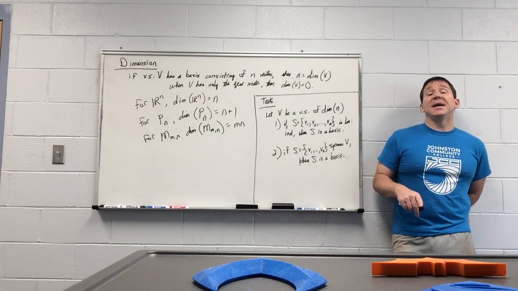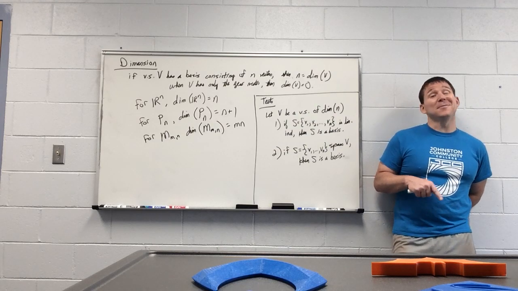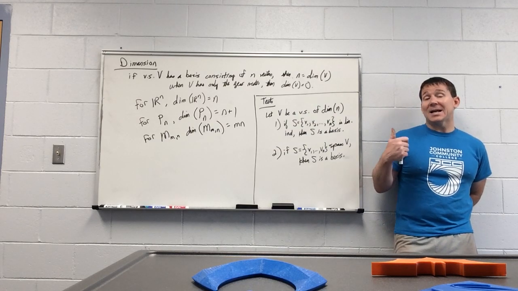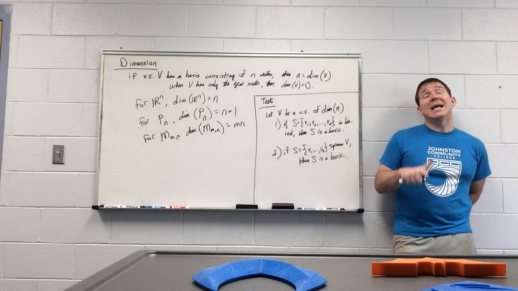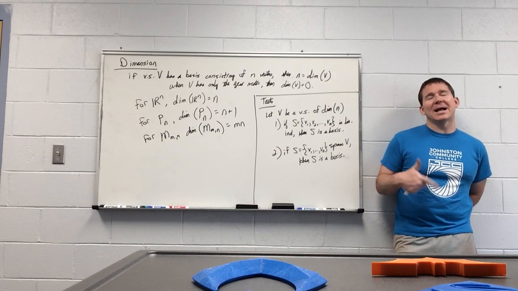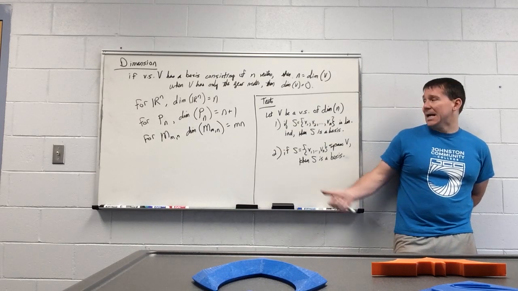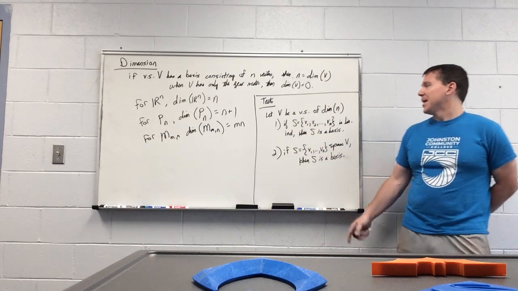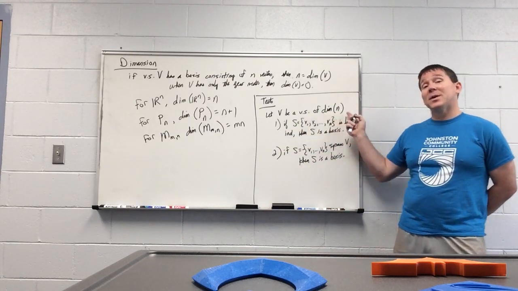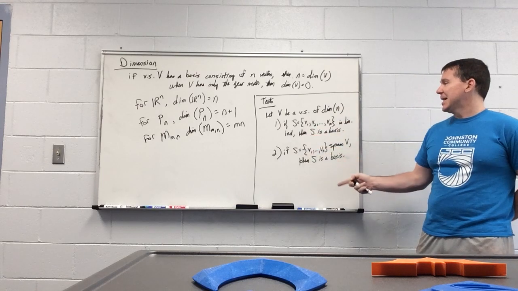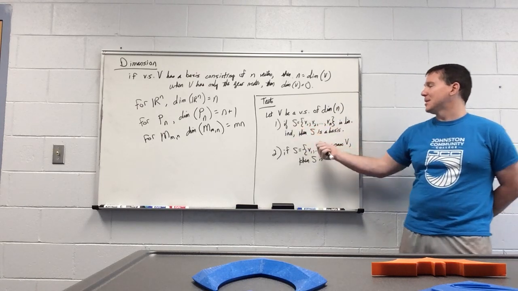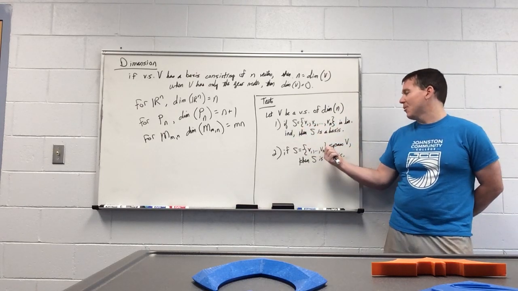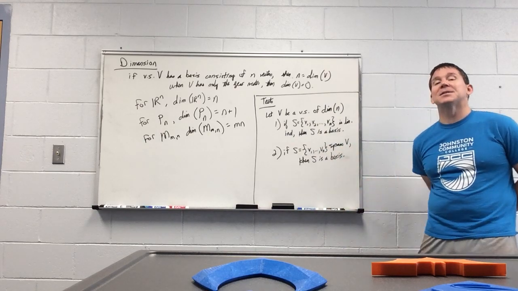So we have our basic definition of a basis of a vector space. The set has to be linearly independent, and it has to span the whole vector space. Here, these say, if you have a vector space with dimension n, then if your set S is linearly independent, it's a basis, or if it spans, then it's a basis.